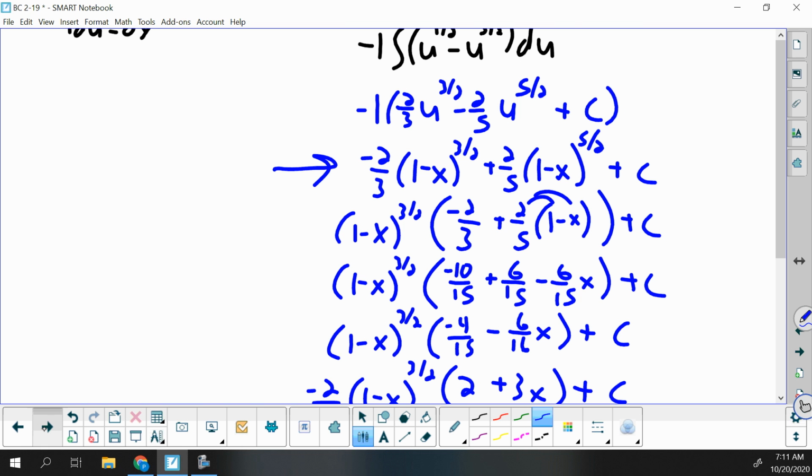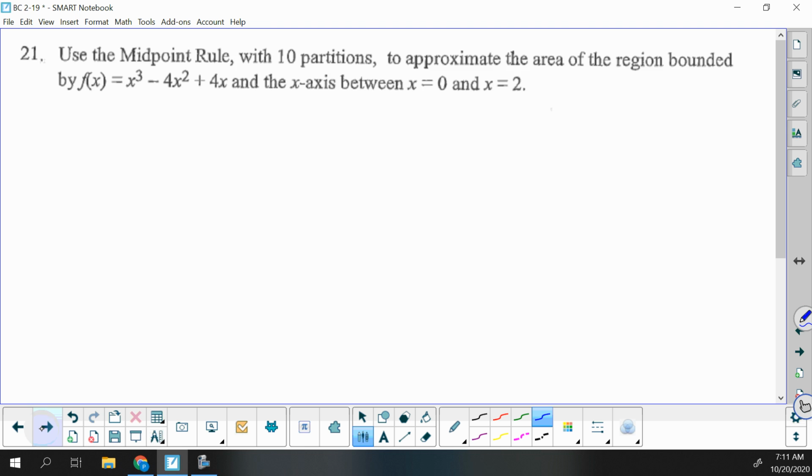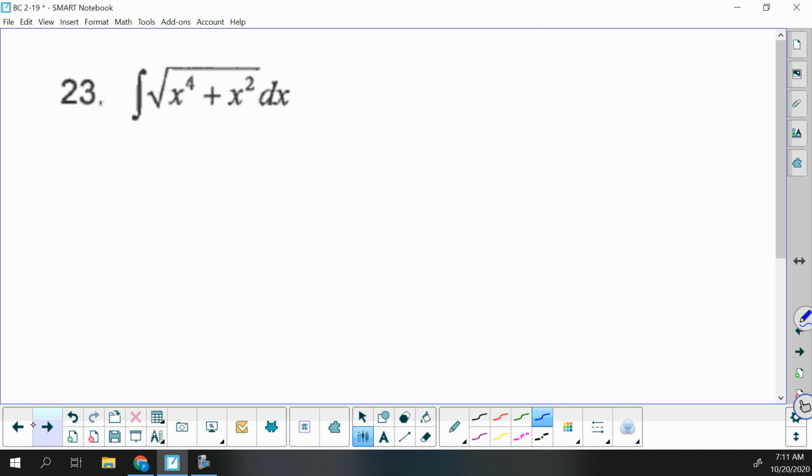Next one I want to look at is 23. So in 23, we can rewrite the original by pulling an x squared out. So we'll have a square root of x squared times square root of x squared plus 1 dx. And I think on yours, it should be added from 0 to 3.